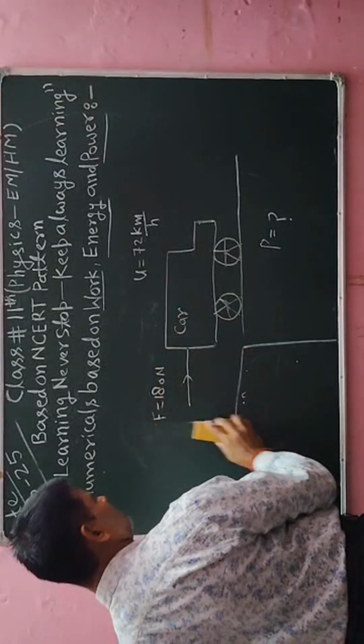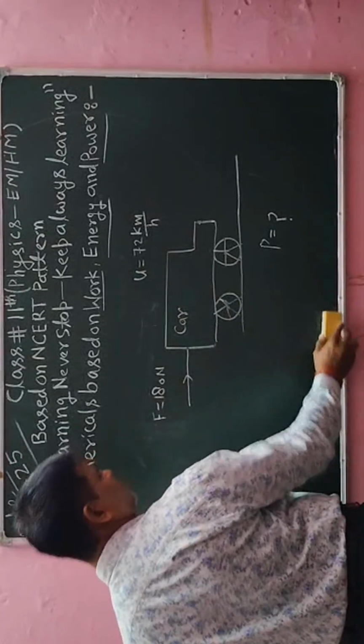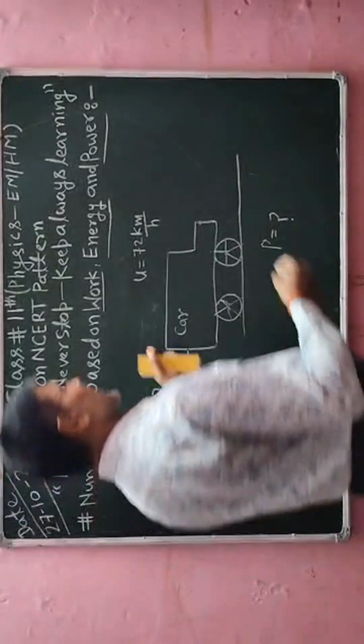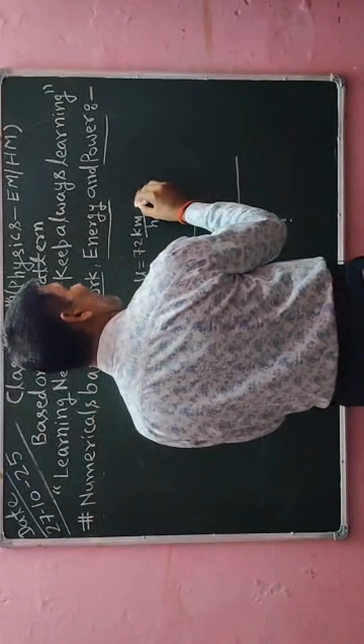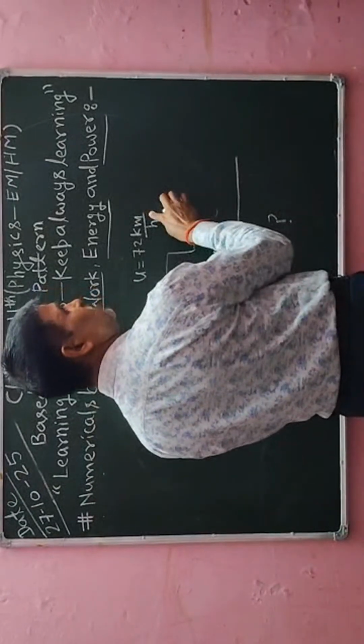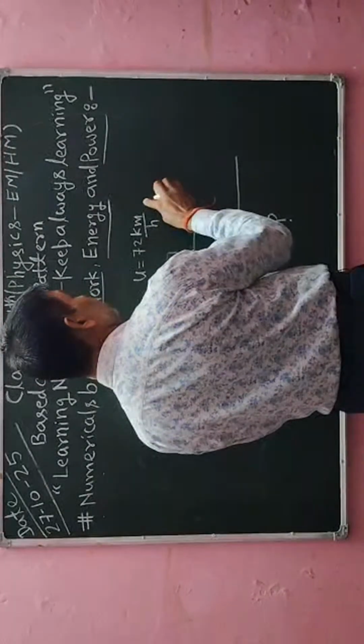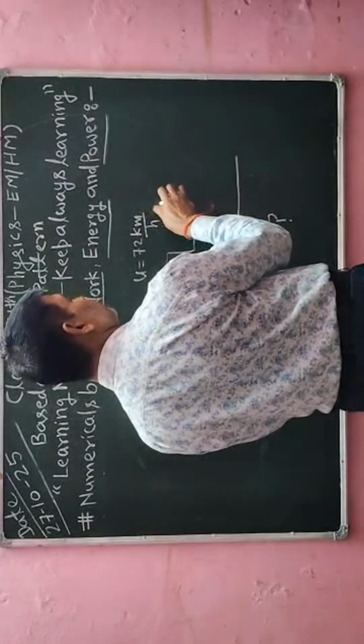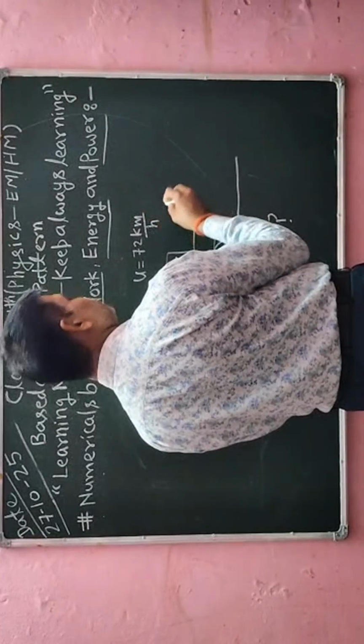Now here I am going to say this is the external force which is acting on the car. First of all, this velocity I will change. This is available in kilometer per hour, and I will change it into meter per second.